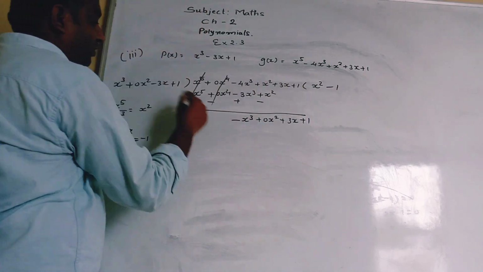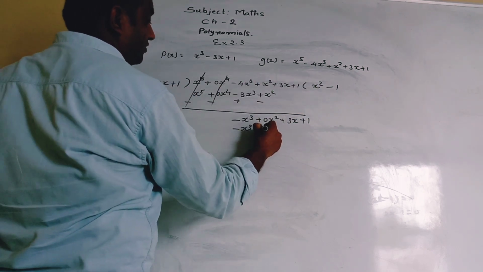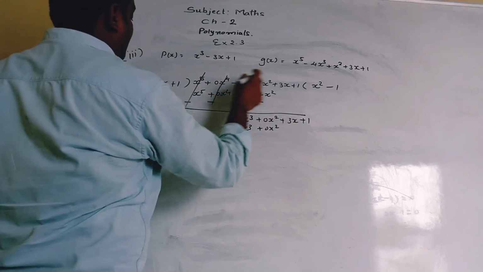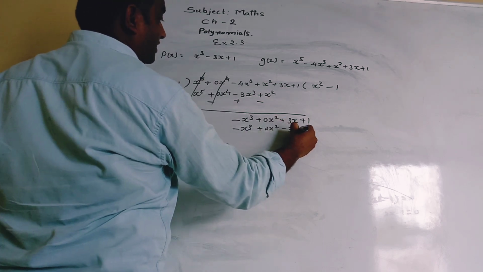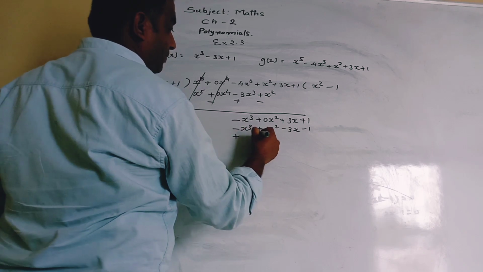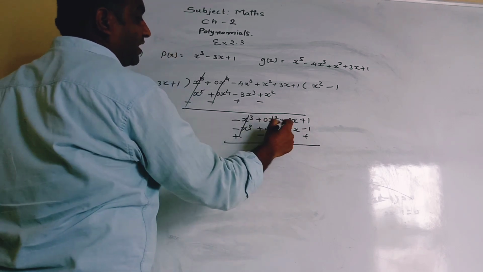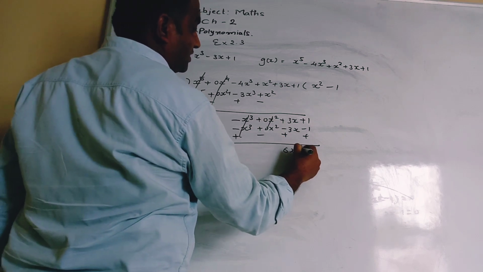Minus 1 into x cube minus x cube, minus 1 into 0x square, 0x square, minus 1 into 3 minus 3x, minus 1 into 1 plus 1 minus 1, sign which is plus minus plus plus. So these two terms are cancelled, plus plus plus 3x plus 2.